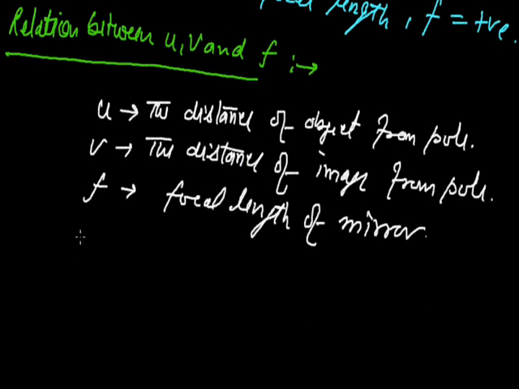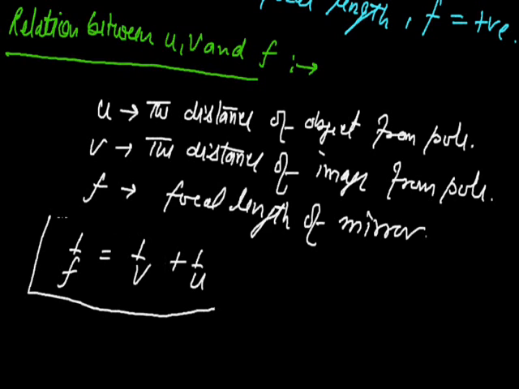The relation between them: 1 upon f is 1 upon v plus 1 upon u. This formula is valid for both convex and concave mirrors.